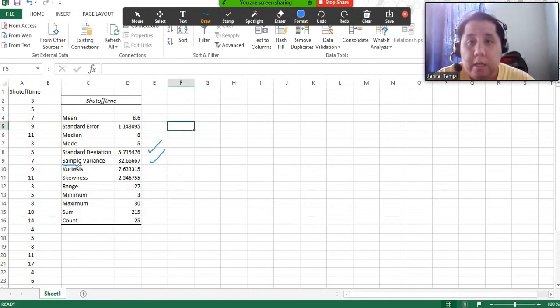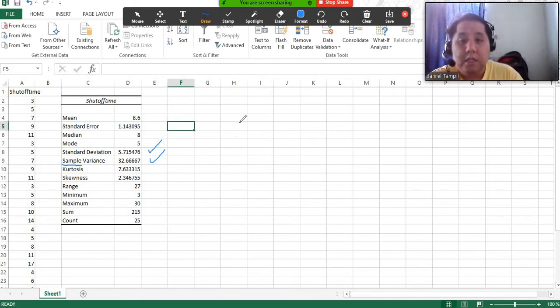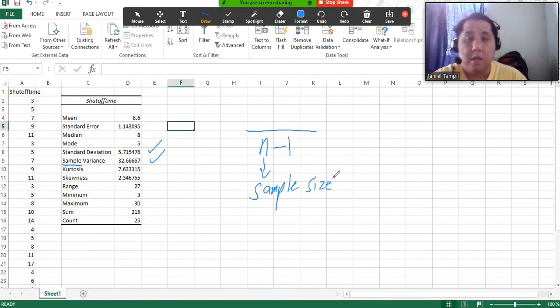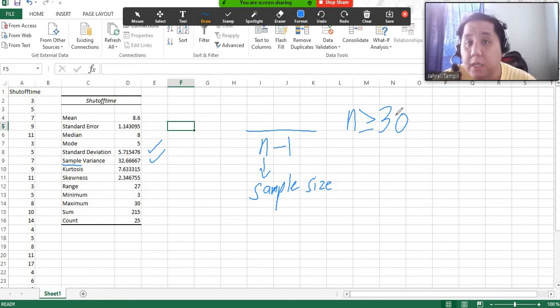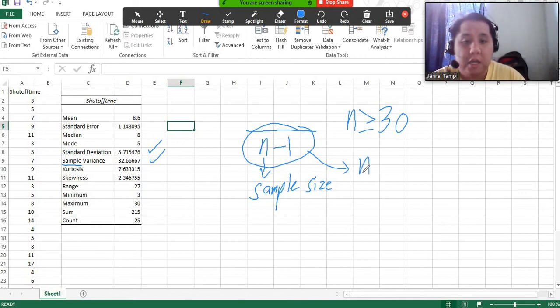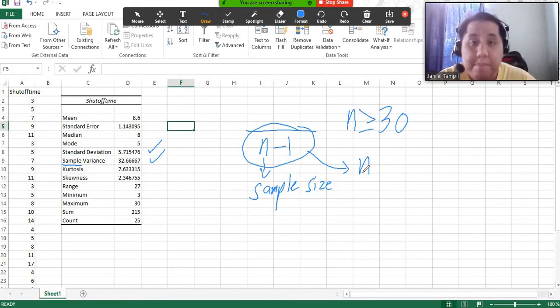Now, there are rules to consider in computing population variance and sample variance. In the formula that you've seen before, the denominator would be n minus 1, where n stands for our sample size. However, if our sample size is bigger than or equal to 30, then replacing it with just n would be statistically the same, because the size of the sample will matter.